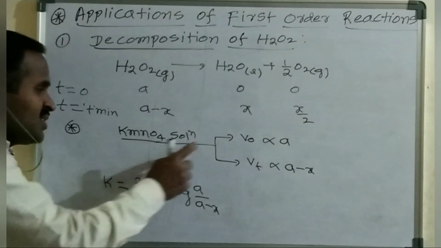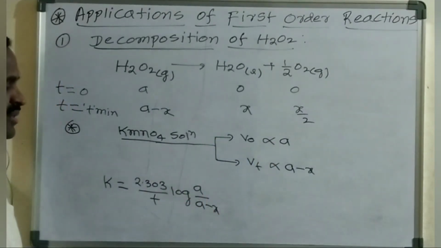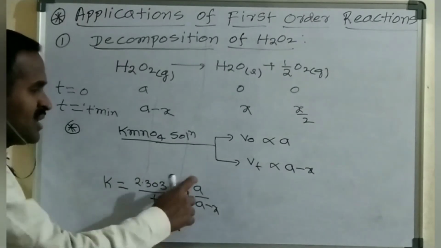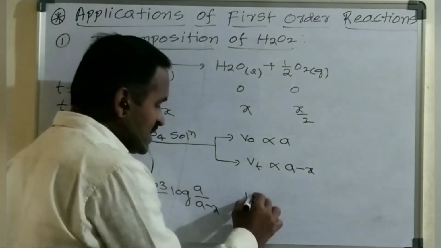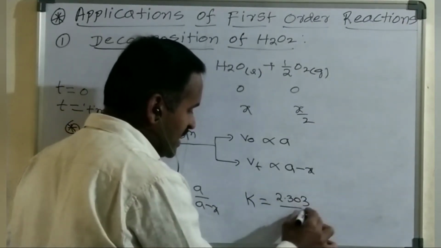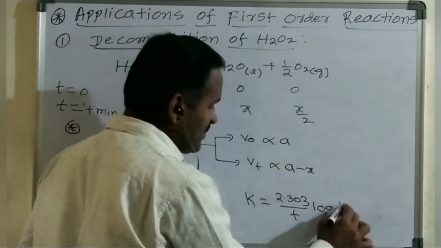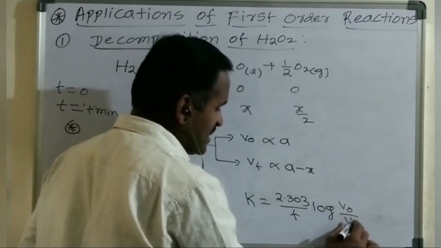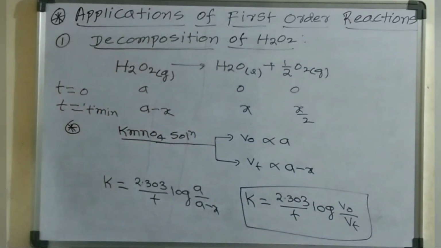So the rate constant k equals 2.303 by t log V0 by Vt. This is the rate constant equation for the decomposition of hydrogen peroxide.